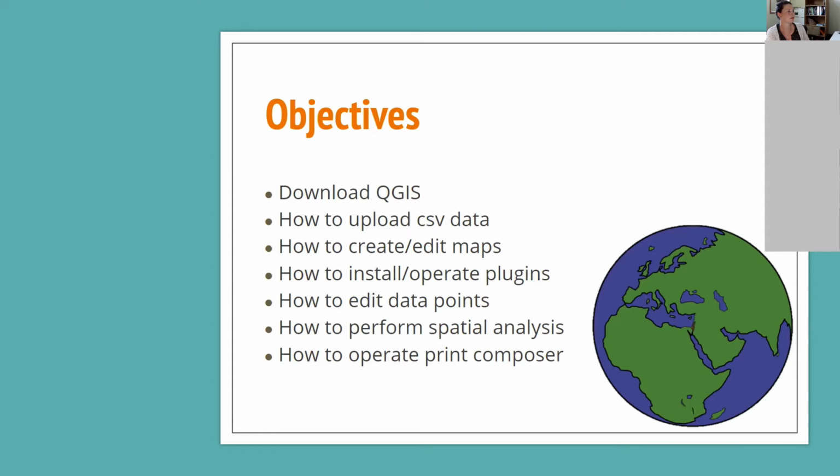And then once we have data in GIS, we can start using and operating our tools or plugins. That's how we're going to be doing some light spatial analysis, towards the end of the workshop, looking at the different tools that we have in our toolbox. And lastly, we'll go over how to operate Print Composer.